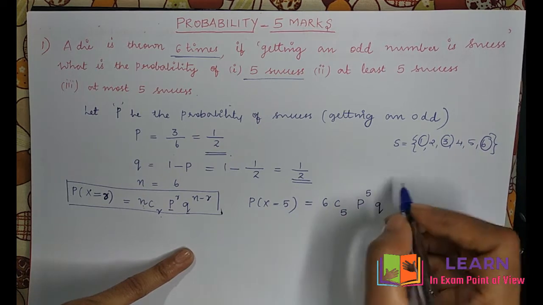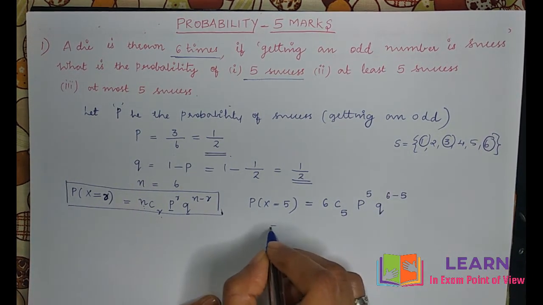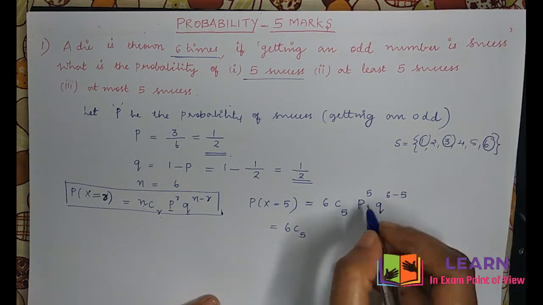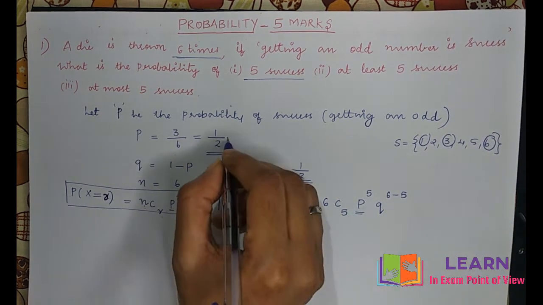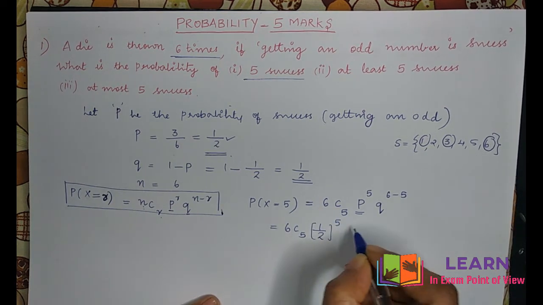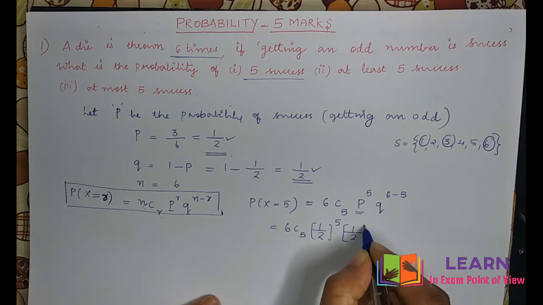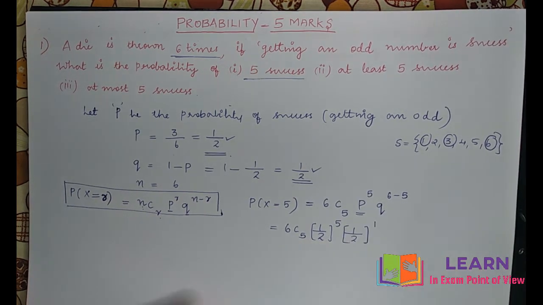So 6C5, P is 1 by 2, so 1 by 2 raised to 5, and Q is again 1 by 2 raised to 1, that is 6 minus 5.